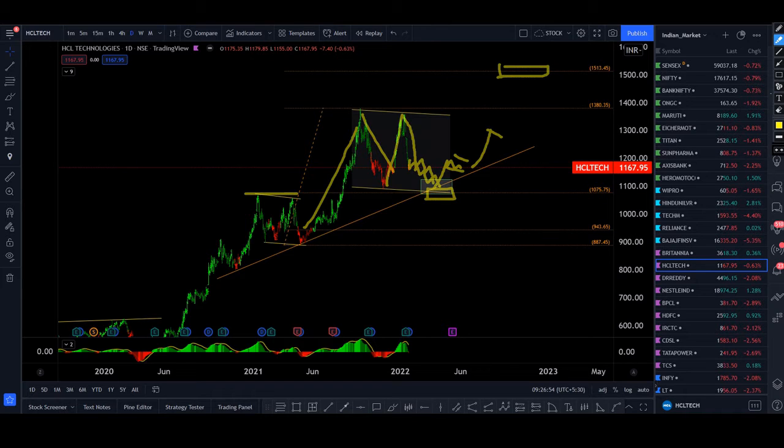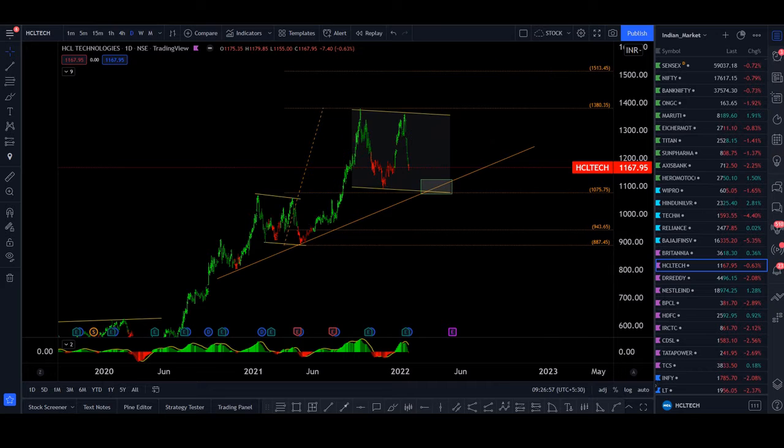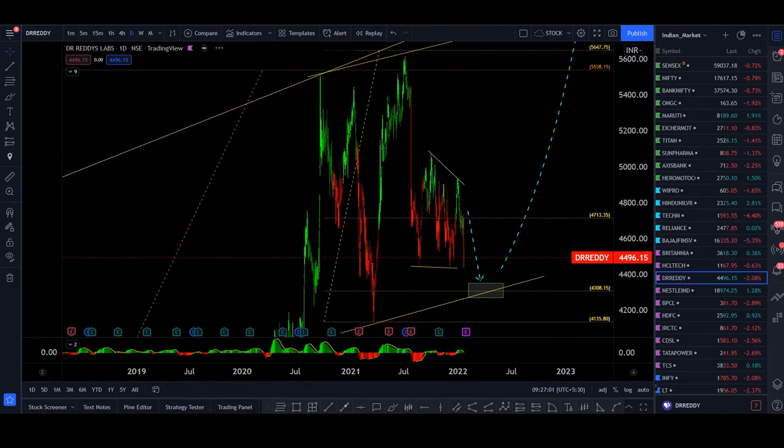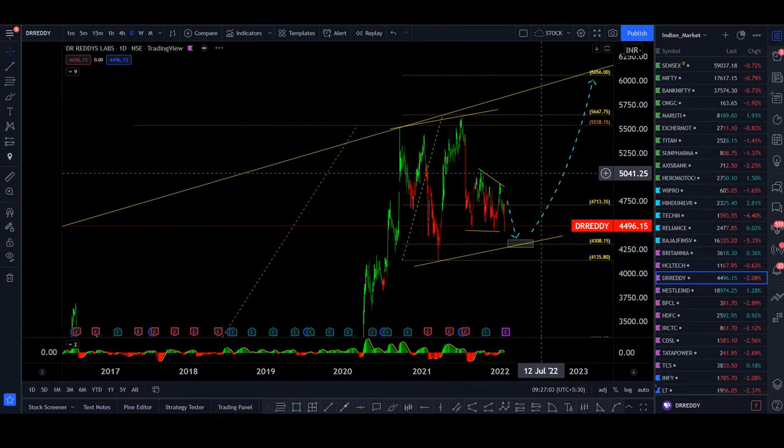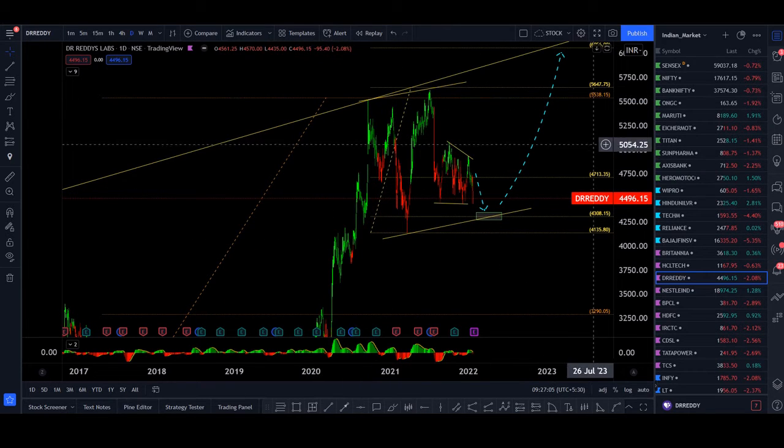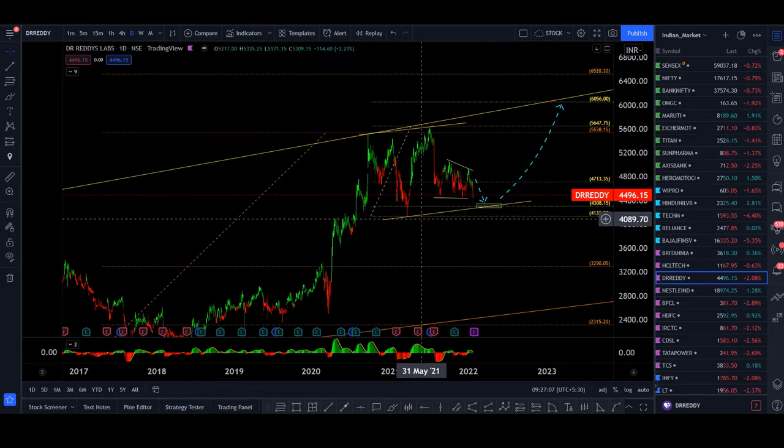But we still have more time to enter the trade, so this is all wait time, basically the calm state of all the trades. And here the same thing, Dr. Reddy's Lab.